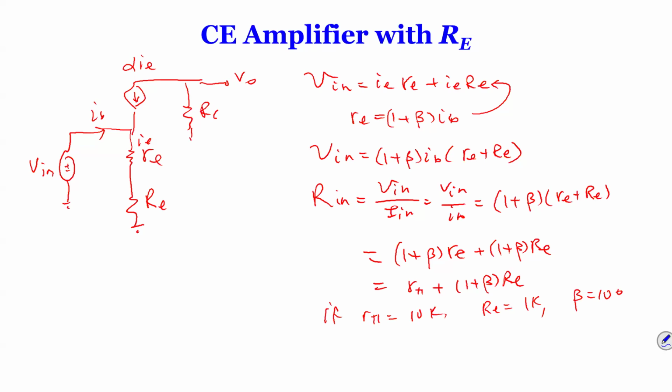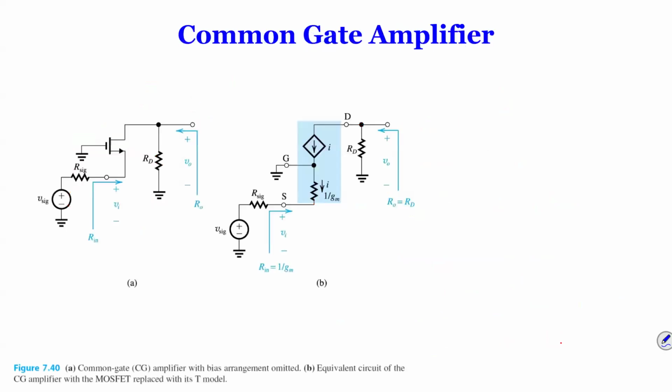You get your R in as 10K plus 101K. That gives you 111K. You can see your input resistance increased by about 10 times, which is a good thing. So that's why connecting a resistor at the emitter is not a bad thing, because it does help you to increase the input resistance.